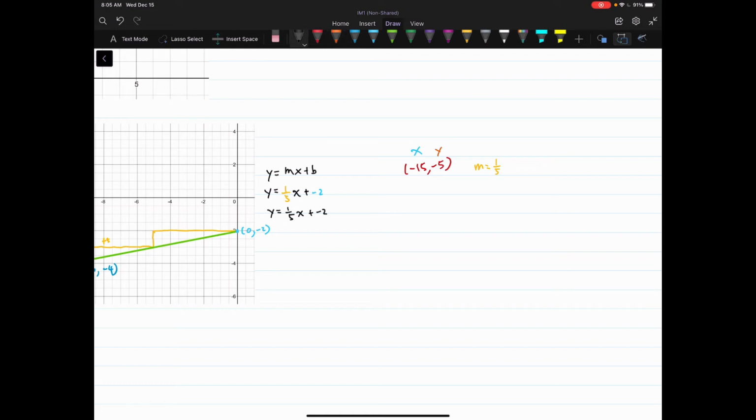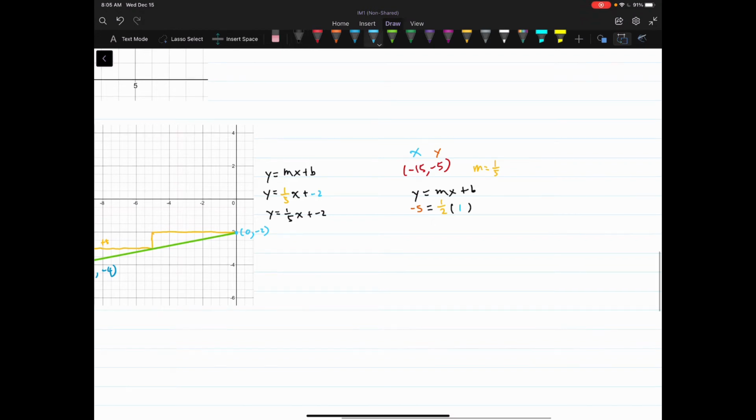So we got y equals mx plus b. My y goes in here, right? Negative 5. So it's going to be negative 5 is equal to my m, which is 1 over 5, x, which is going to be negative 15, plus b.